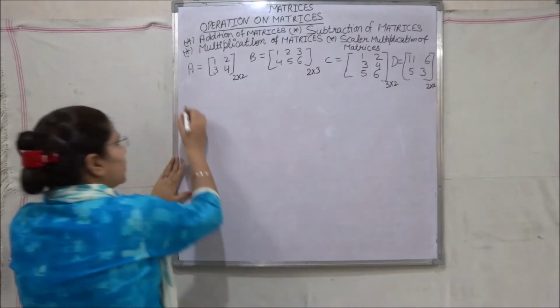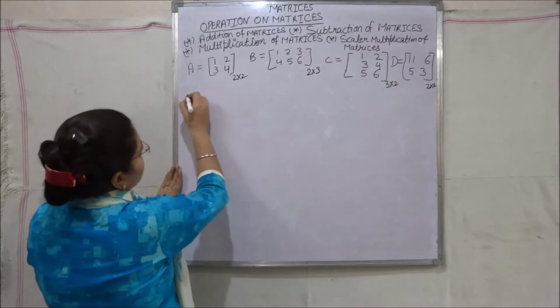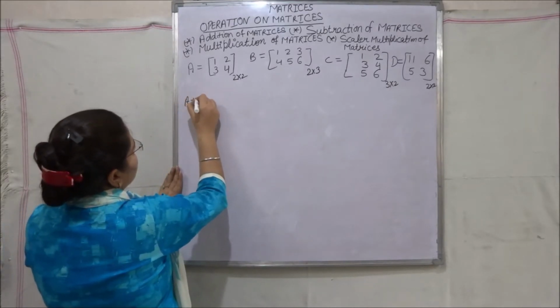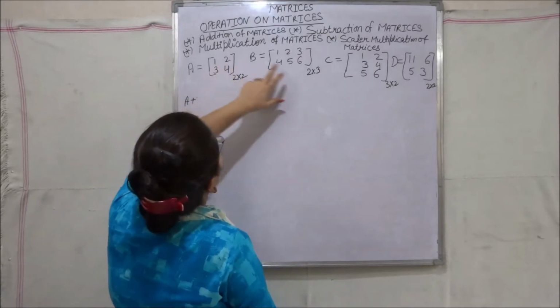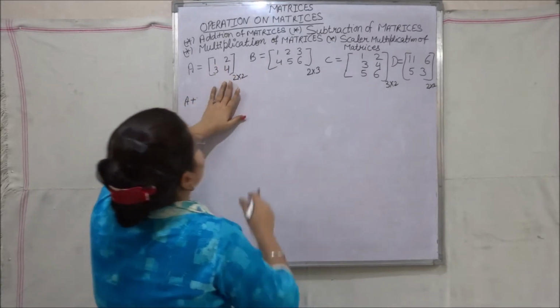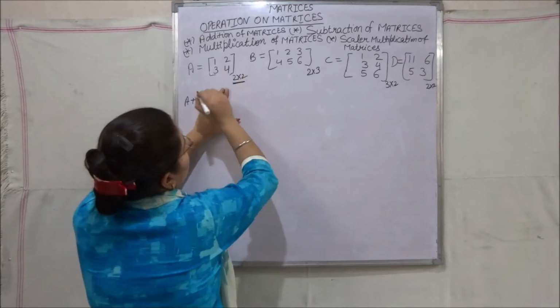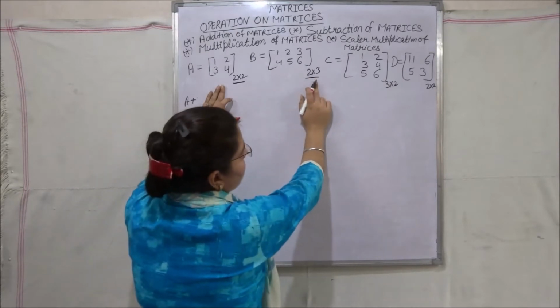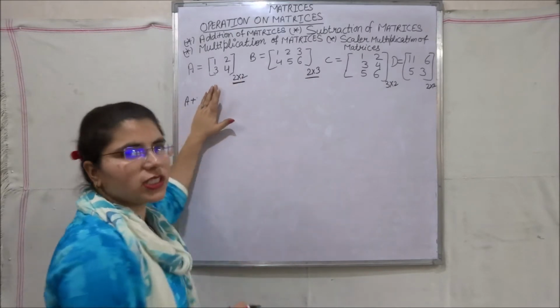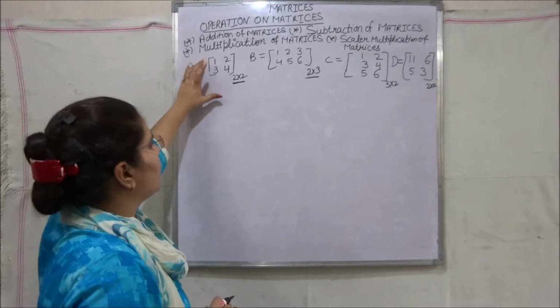Now for the addition of two matrices, they must be of the same type.